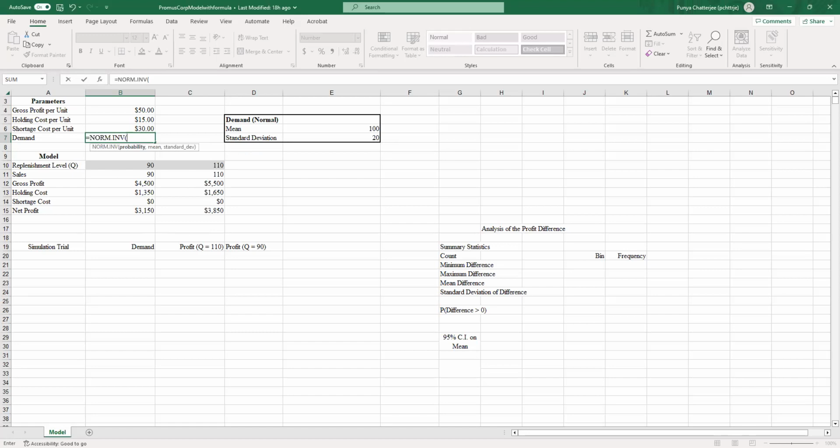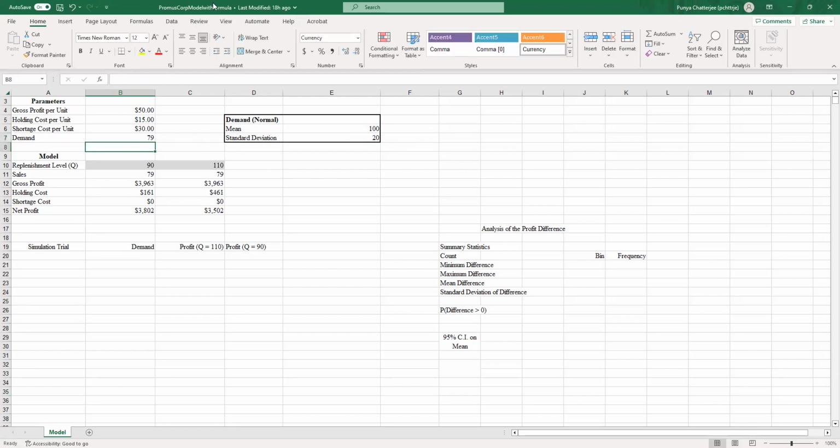Because it's a random variable, the probability is going to be generated by the RAND function, which gives you a number between 0 and 1 randomly. Then it's going to take the mean, which is right here, and the standard deviation, which is right here.